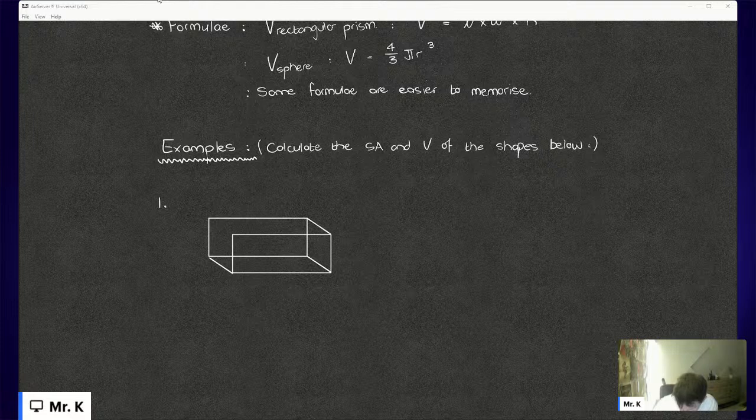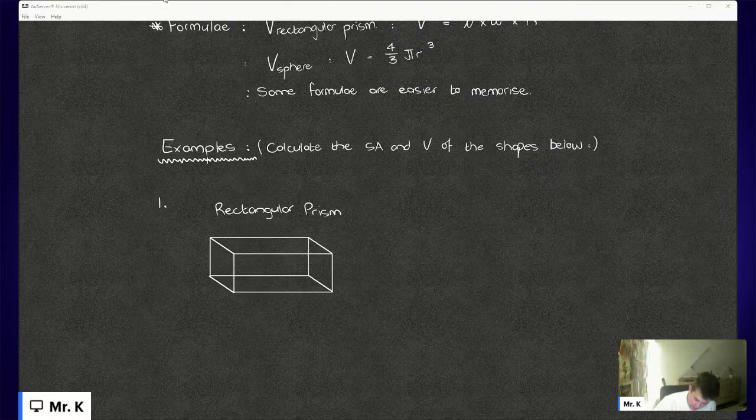I will write down the names in case you guys want to have them, but please make sure that you go and study the names of the different shapes, because your teacher can say to you in a question that we are setting up a science project in the shape of a triangular prism with the following dimensions. And if you don't know how to draw those shapes, you're going to have a little bit of a tough time understanding the question. Okay, so we've got a rectangular prism over here.